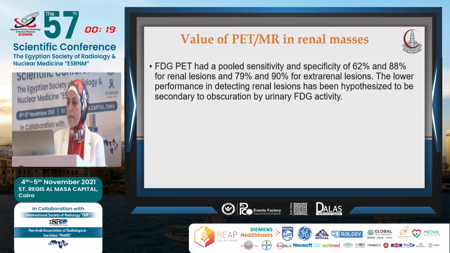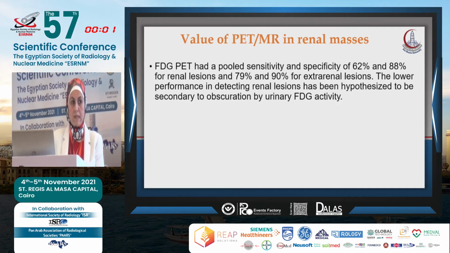PET imaging has relatively low sensitivity and specificity for renal masses, because the excretion of the FDG tracer into the urine can mask small renal masses uptake on the PET image.